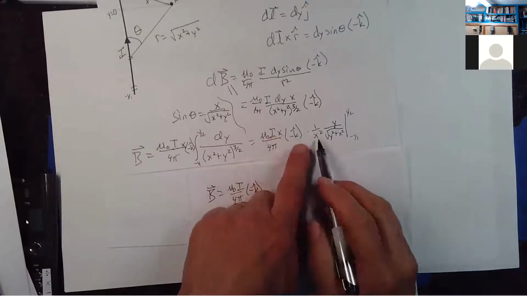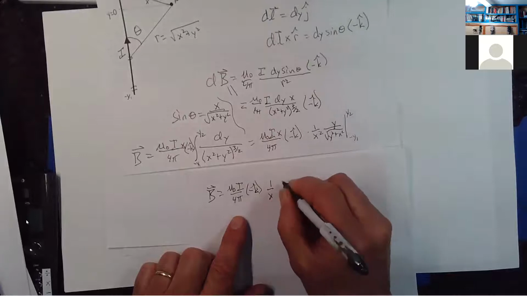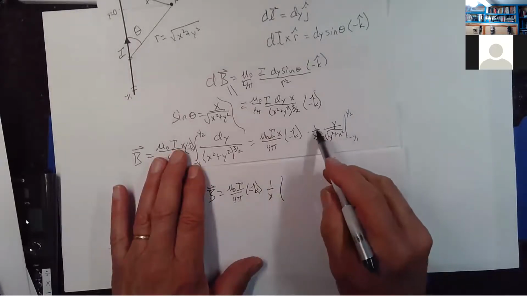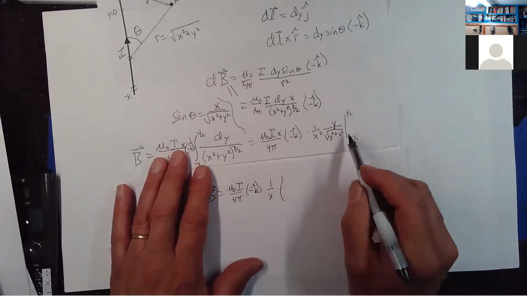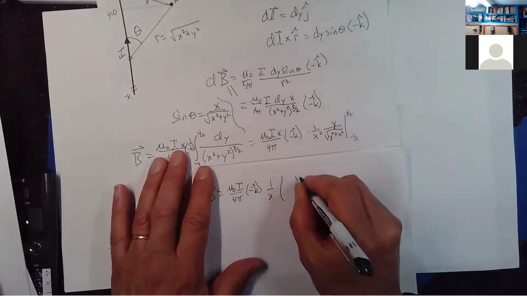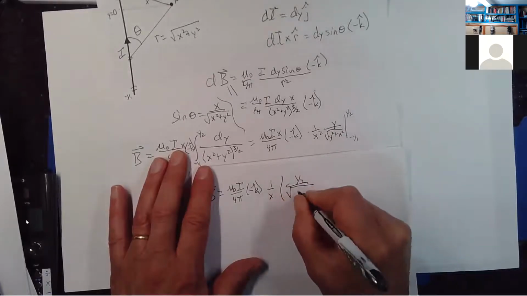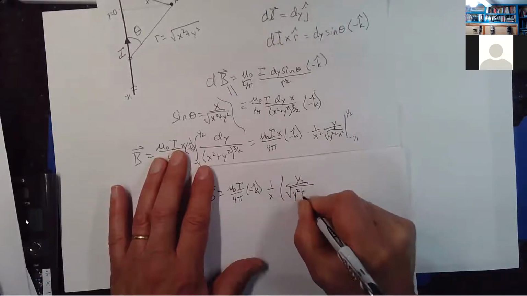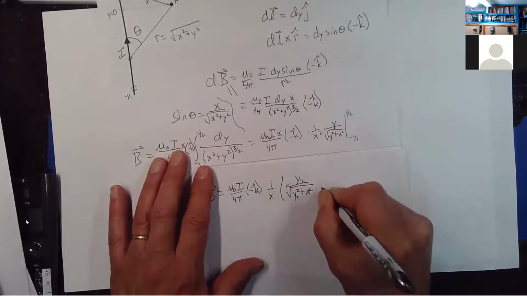And I did not lose my x. I've got x over x squared here, so I'm going to have a 1 over x. And then when I evaluate this integrand here, the 1 over x squared multiplies it, evaluating it both places. But I'll have y2 on top over the square root of y2 squared plus x squared.